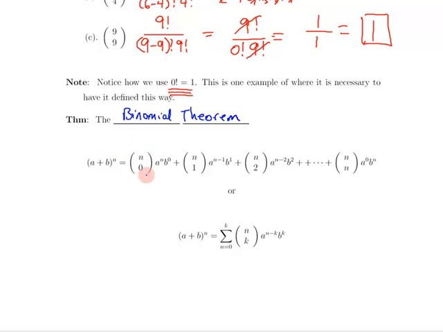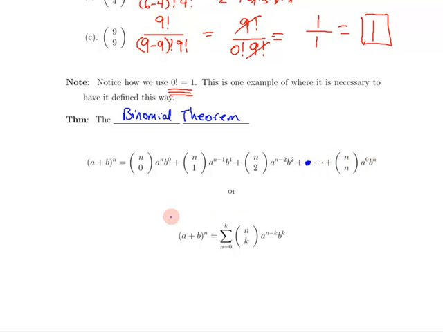You take the binomial coefficients with n all the way across in the top, so the coefficients are where the bottom number marches from 0 up to n. Okay, a to the nth power, a to the n minus 1 power, a to the n minus 2, all the way down to a to the 0, and b goes from b to the 0, b to the first, b to the second, all the way up to b to the n. Exactly what we saw in our pattern above.